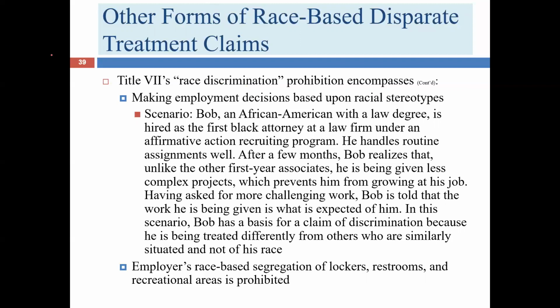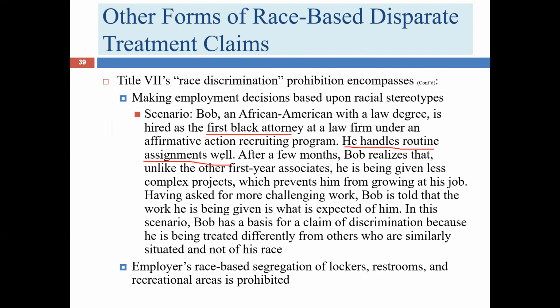Under these circumstances, Bob would have a claim of discrimination because it appears that this employer, even though it hired him, they were so proud of the fact that this is the first Black attorney, but the people who are giving him work assignments obviously have offensive assumptions about the skill set that an African American would have. Now, it's important to keep in mind in this story that Bob performs these routine assignments well.